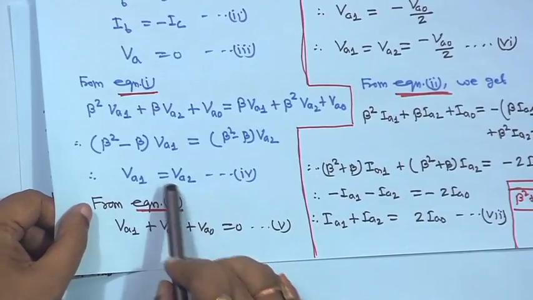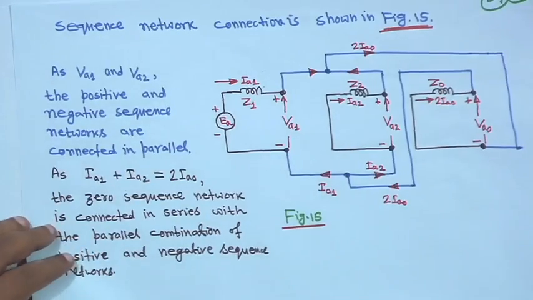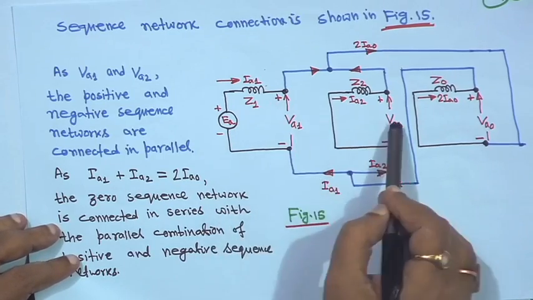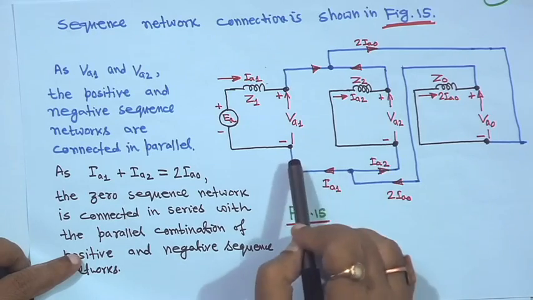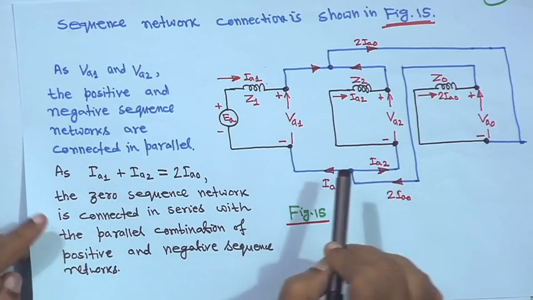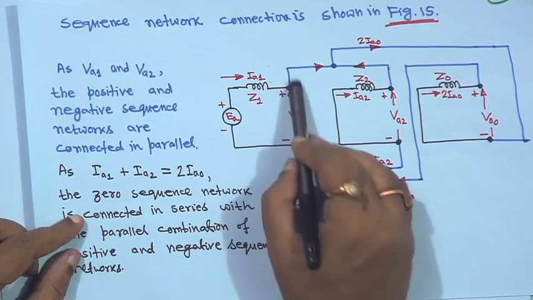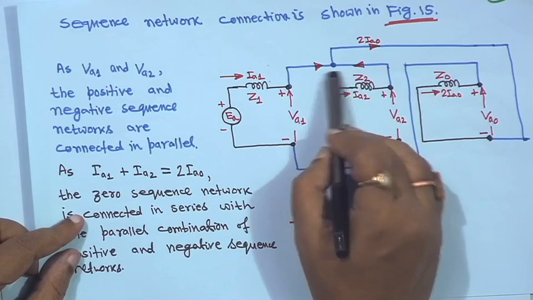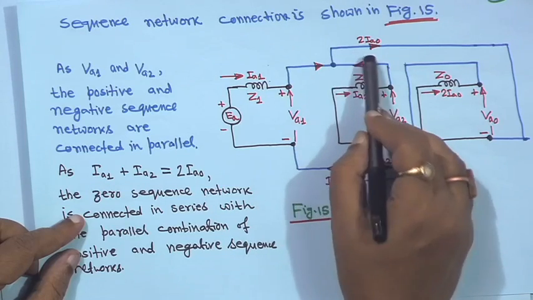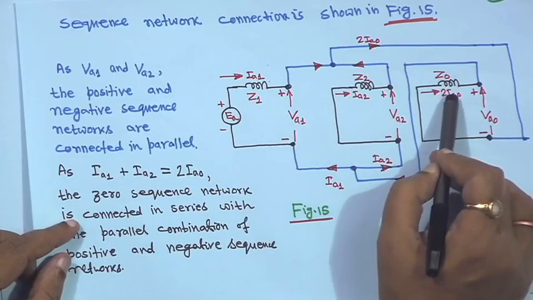So, plus terminal connected to plus, minus connected to minus. Now, as I A 1 plus I A 2 is equal to 2 I A 0, this current is I A 1, this current is I A 2, leaving this terminal. So, 2 I A 0 is actually flowing to the 0 sequence network.